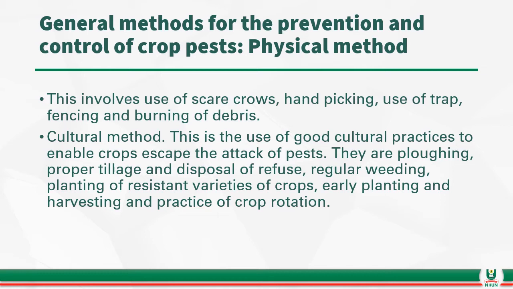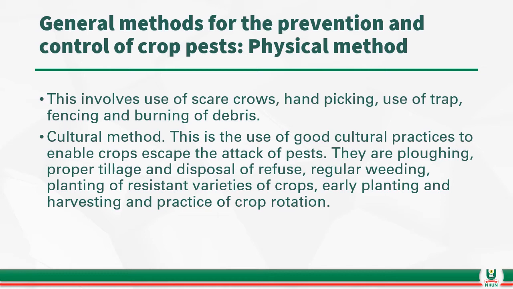When we talk about cultural practices, we talk about plowing, land preparation, proper tillage, that's breaking the soil and allowing the roots of the crops to penetrate. Disposal of refuse is important. You gather it and dispose of it properly, either by burning or by taking it far into the incinerator.